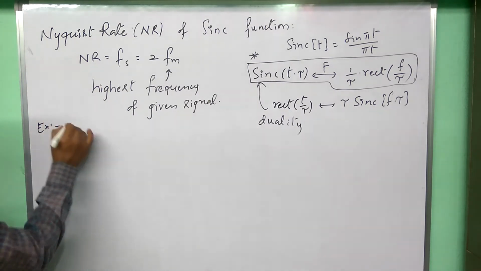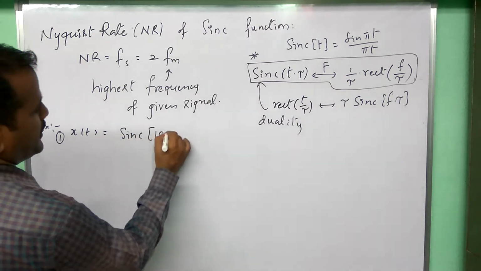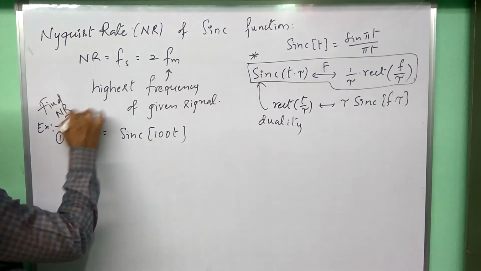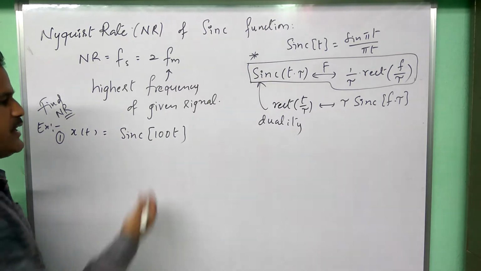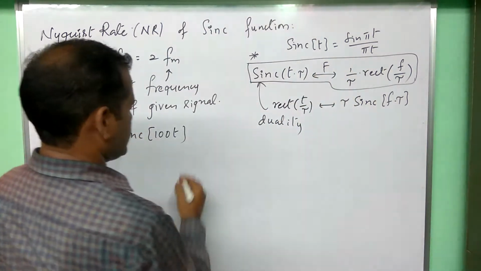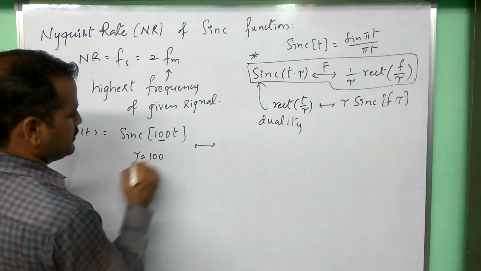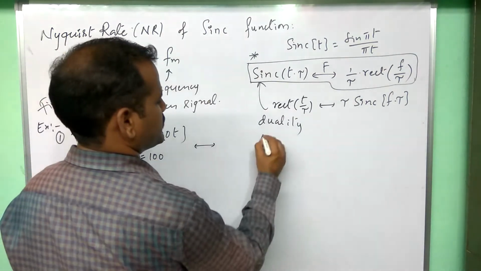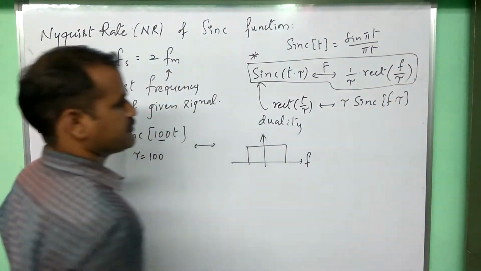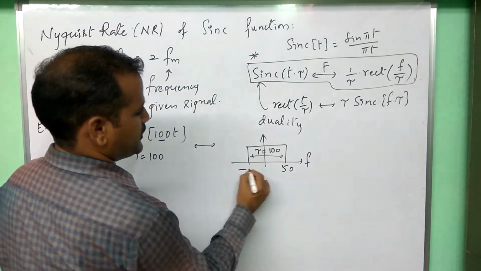As an example, I am now considering the sinc function. First let us consider sinc 100t. Let us find the Nyquist rate. We are going to find the Nyquist rate of the following signals. Sinc 100t: what is the Nyquist rate? For that, to find the highest frequency in this signal, I take the Fourier transform first. This Fourier transform is nothing but tau, and here tau is 100. So from this formula, it is a rectangle of f by tau in the frequency domain. Here tau is 100, that means this is 50, this is 50.